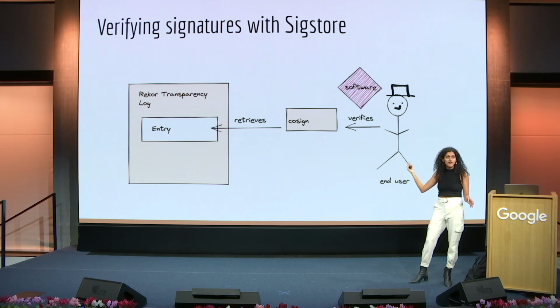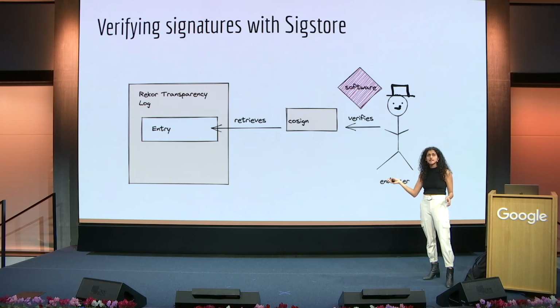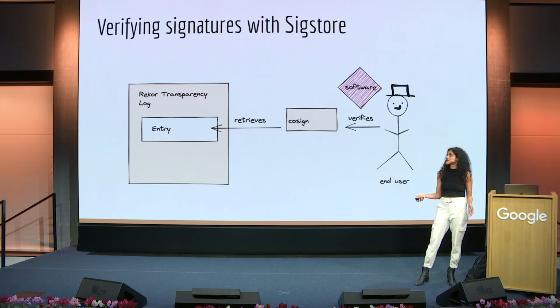If we run cosign verify on this piece of software, which could be a container image or a binary or anything, under the hood, cosign will retrieve the correct transparency log entry from the log. It'll validate that the certificate is valid by verifying the public key embedded in the certificate against the signature. And all the end user has to do is confirm that the identity associated with the certificate is one that they trust.